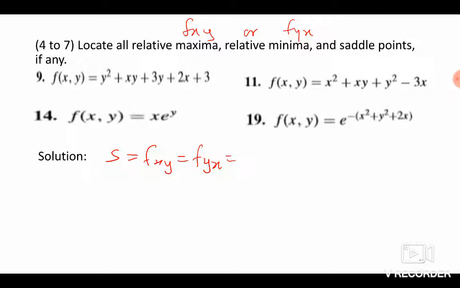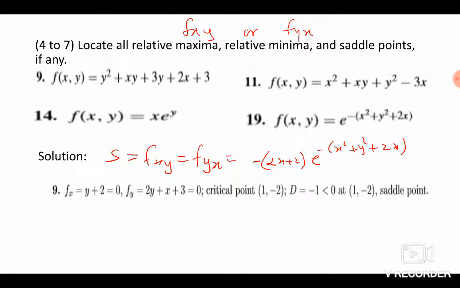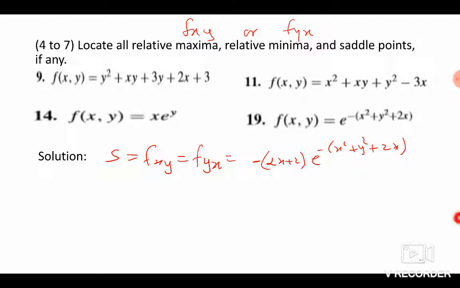what is the term? So differentiate it. Take fx and differentiate it with respect to y. Keep the minus 2x plus 2 and differentiate the exponential e power minus x square plus y square plus 2x. When you differentiate the exponent with respect to y, you will get minus 2y.